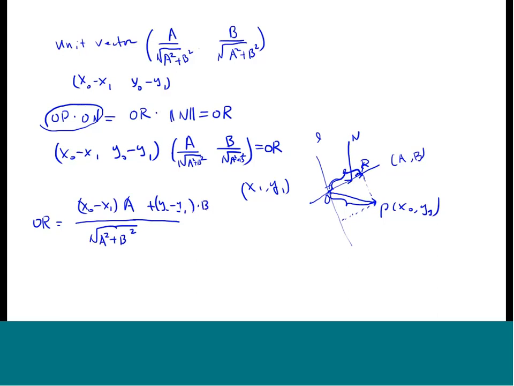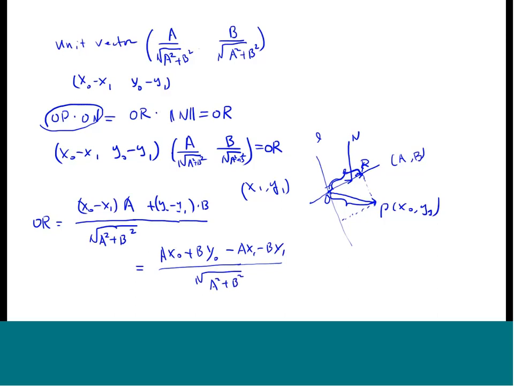To calculate it, we get ax0 plus by0, minus ax1 minus by1, over the square root of a squared plus b squared.